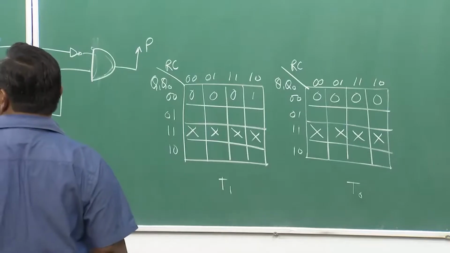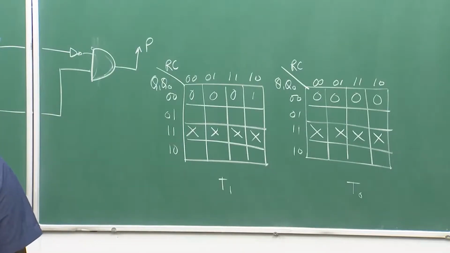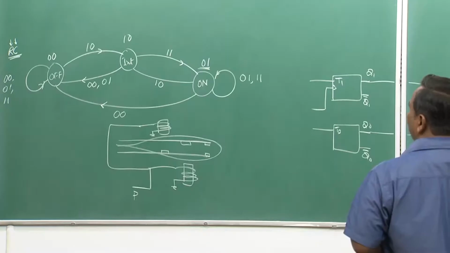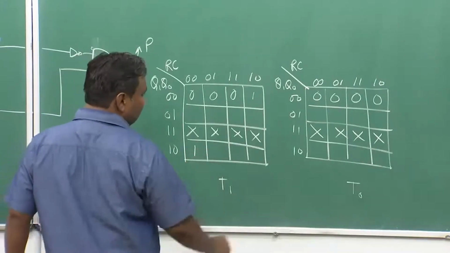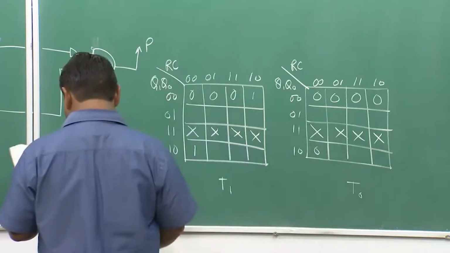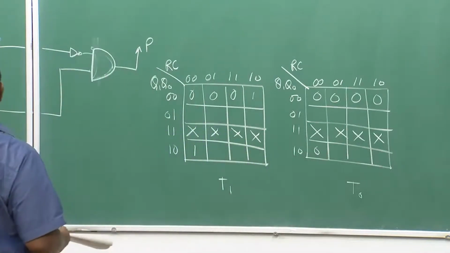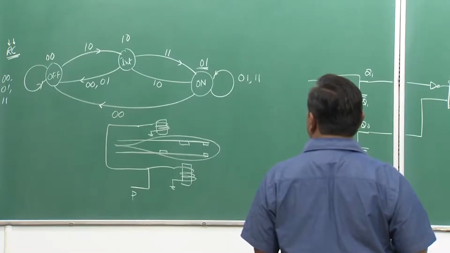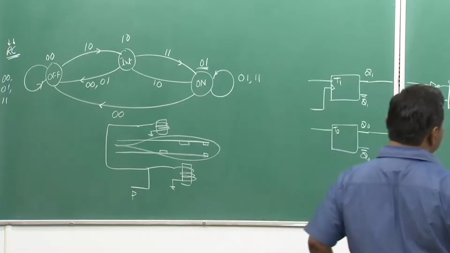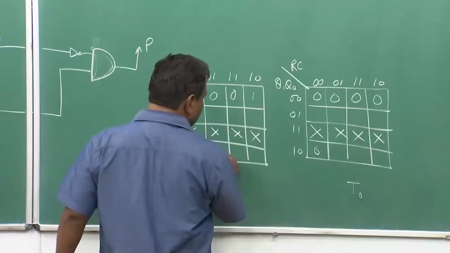So, 1 0, with a 0 0 you have to go to off state, which actually means only the Q1 has to be toggled. So, this will be toggled and this will not be toggled, okay. And if you are going to have a 0 1 as an input in 1 0 state, then also the same result. So, I am going to put a 1 here and a 0 here, okay.